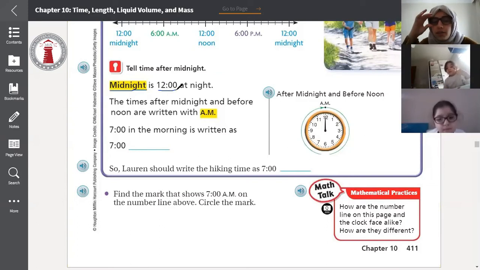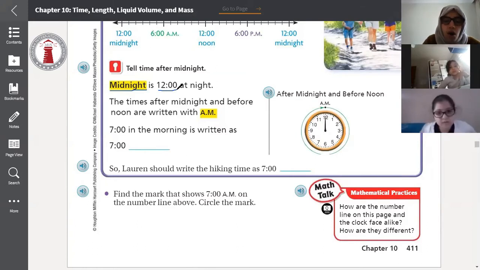Mid means middle and then night. So middle of the night is midnight at 12 a.m., when you are sleeping. So the times after midnight and before noon are a.m. So after midnight, it's a.m. and then all the way 12 hours until noon, which is 12 p.m.